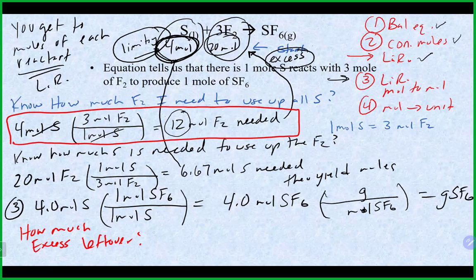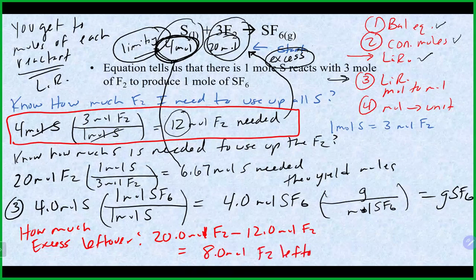And we know that we started with 20 moles of our fluorine, right? And if we use up 12 moles, which is what we need, we would have roughly 8 moles of fluorine left over, which then, if you want to know how many grams that was, you could use the molar mass of fluorine to get to grams of fluorine that would be left over.